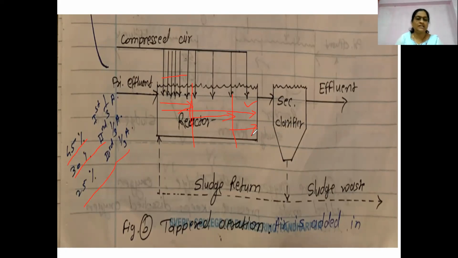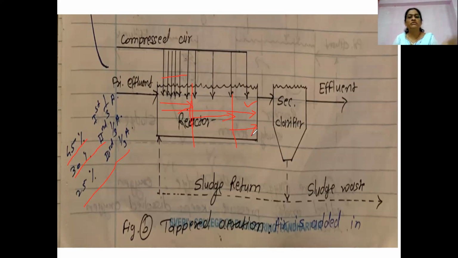In the step aeration process, we provide sludge as well as air in a step form. But here in tapered aeration, we are tapering the air: where much is required, there we provide much oxygen. As time passes and distance increases, the requirement starts decreasing, and accordingly we can reduce the application of oxygen.